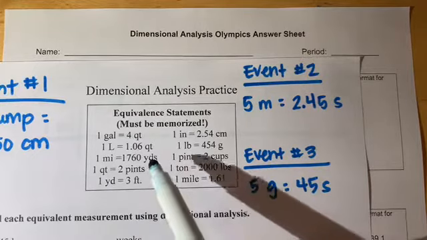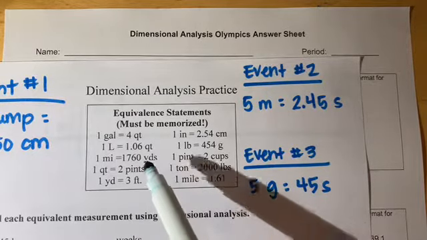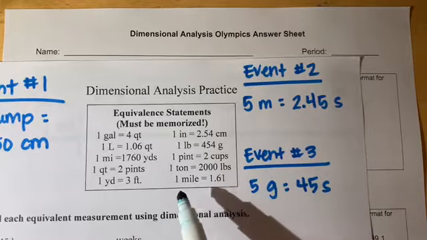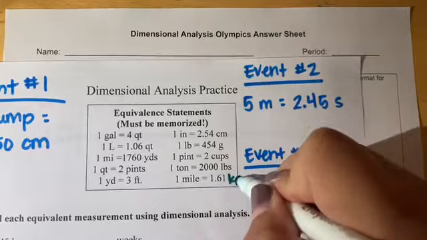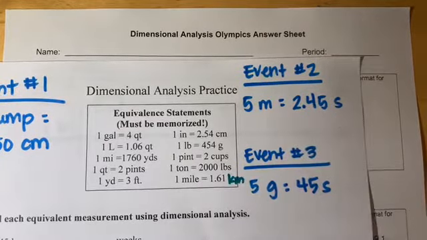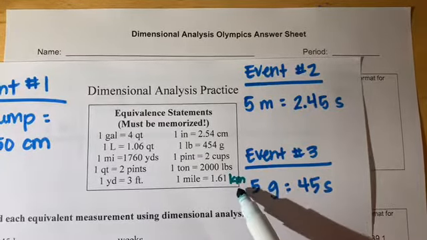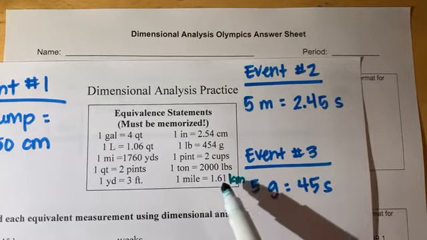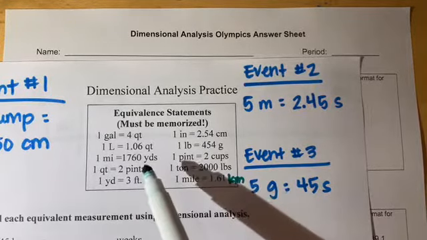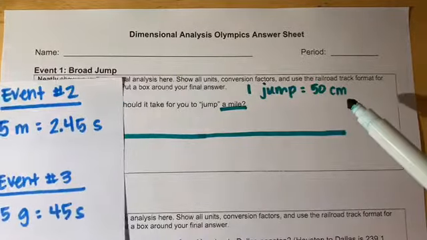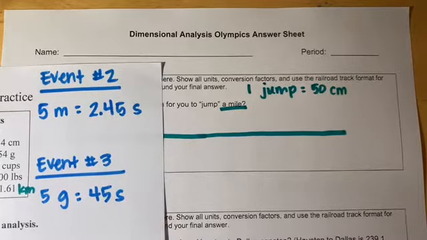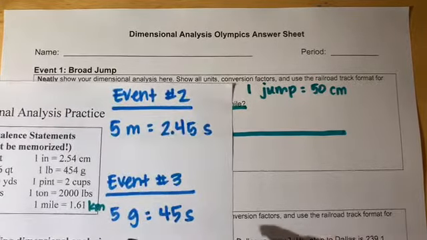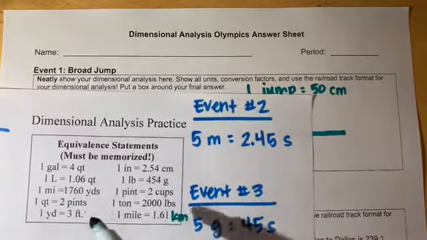Well, I'm not really looking for yards, but if you look right here, we do have another equivalency: 1 mile is 1.6 kilometers. This should say kilometers. This is a better equivalency to use than yards, because we're converting to centimeters, so it's going to be a lot easier to convert from kilometers to centimeters than from yards to centimeters.